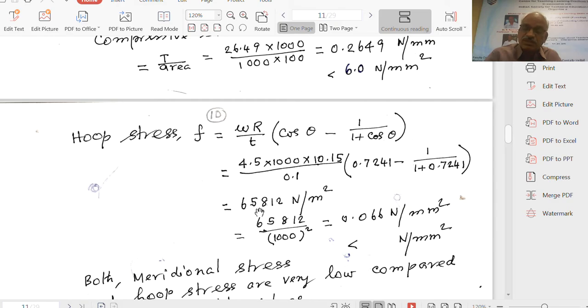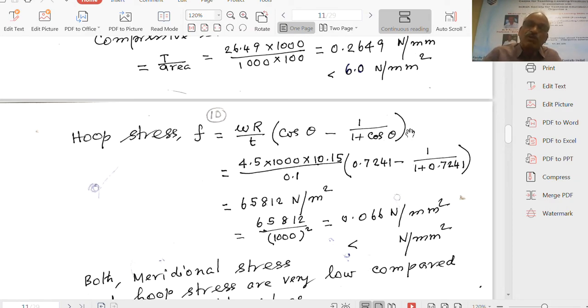So hoop stress will be so many Newton per square meter, because we have substituted 4.5 kilonewton, that is, 4.5 multiplied by 1000 newtons, and the lengths in meters. Therefore it will be in terms of Newton per square meter. And here also there is one additional term for W, that is the lantern load, that is missing here.